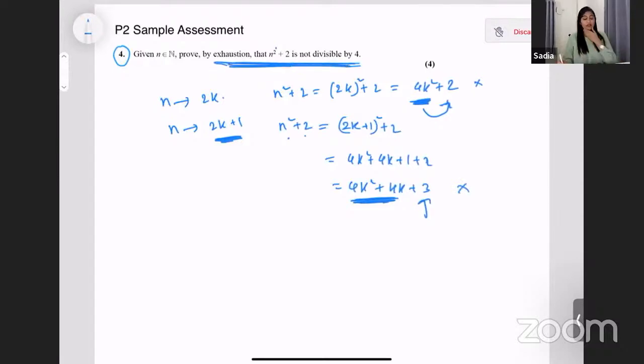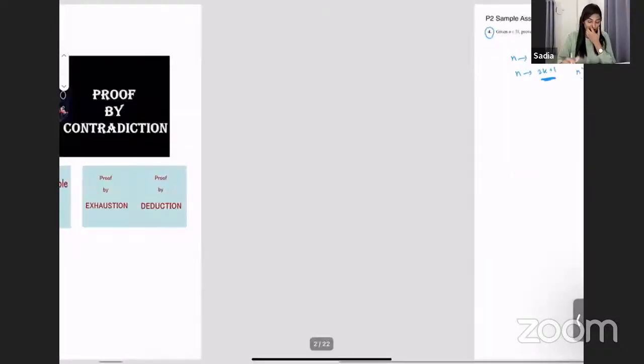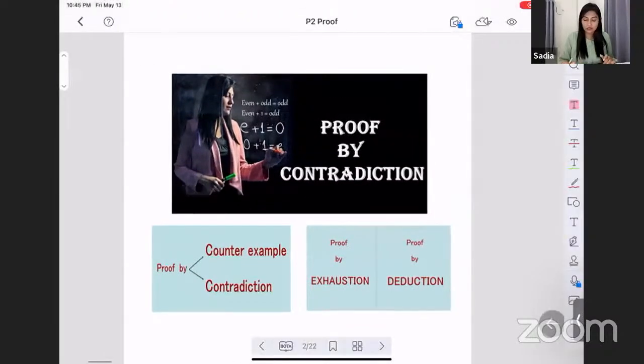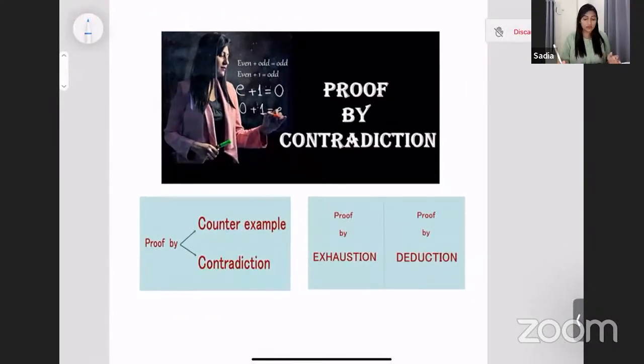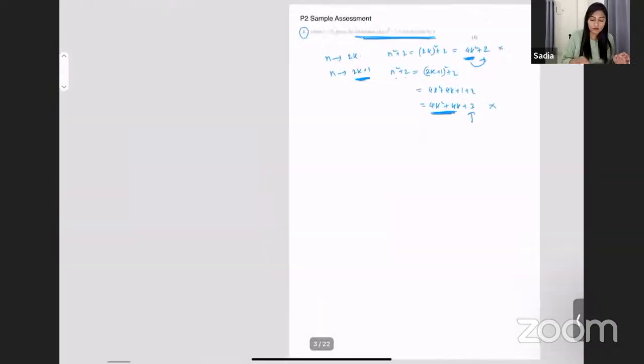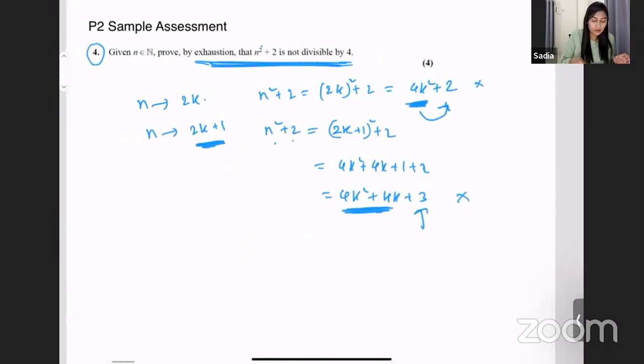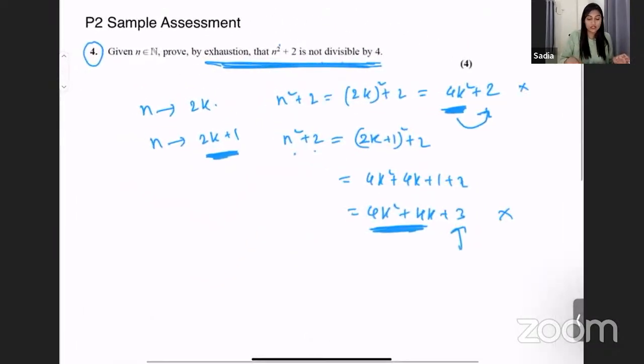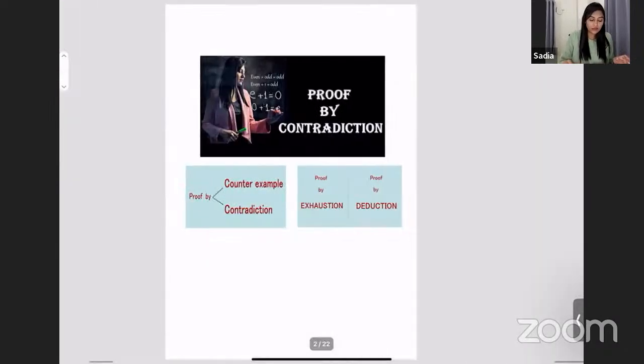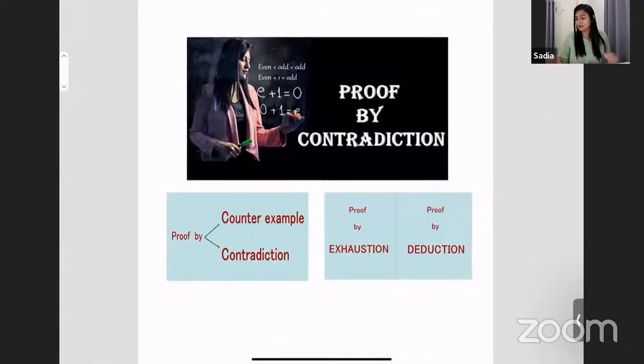So in the solution video, you will see that I have used numerical values, but you can also use this kind of variable approach using the odd and even situations. That will also prove that the expression is not divisible by 4. You can use this generalized situation, or you can use the numerical ones.